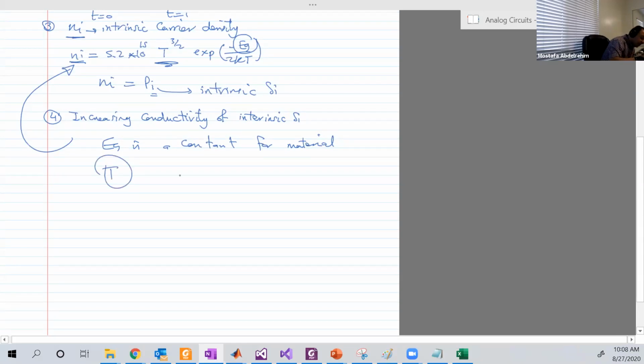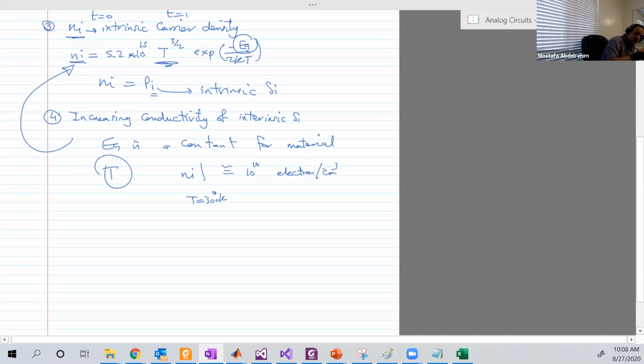So for example, Ni, the electron concentration at T equal to 300 degrees Kelvin is approximately 10 to the power 10 electrons per centimeter cubed.